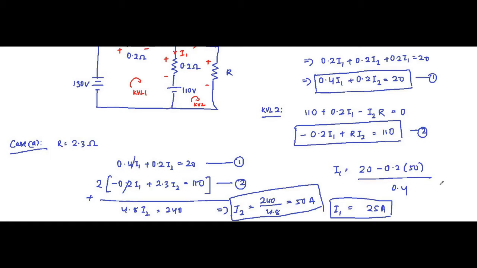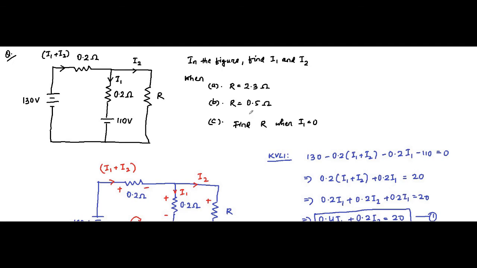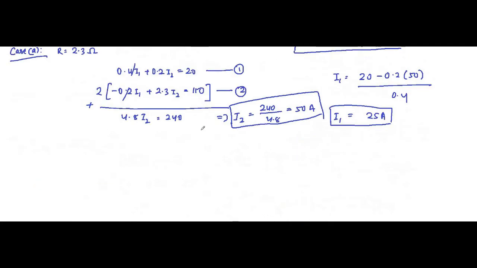Then we have to do case B, which is R equal to 0.5 ohm. Here again we have to write the equations. 0.4 I1 plus 0.2 I2 is equal to 20.